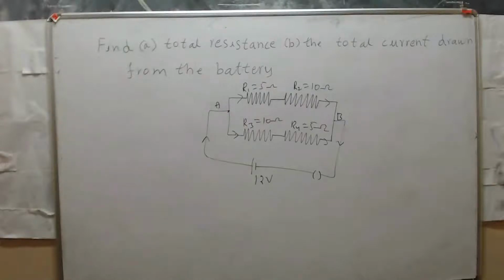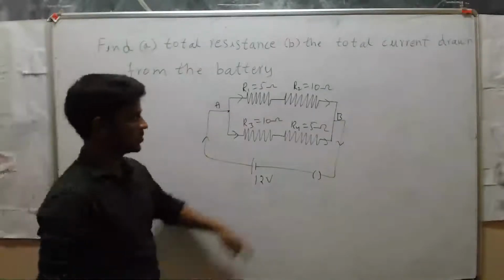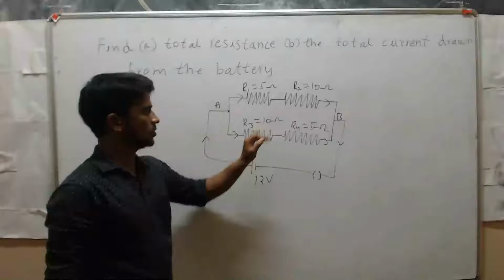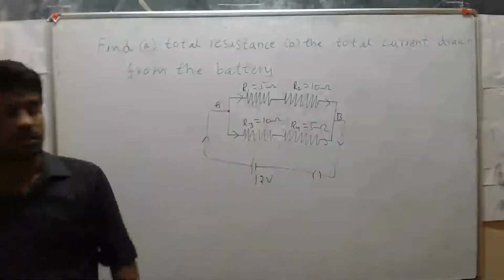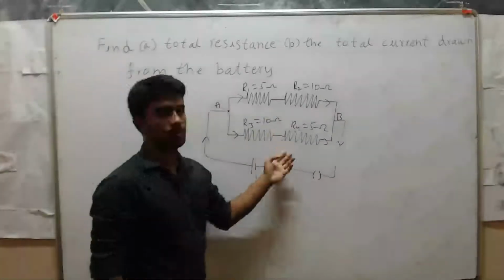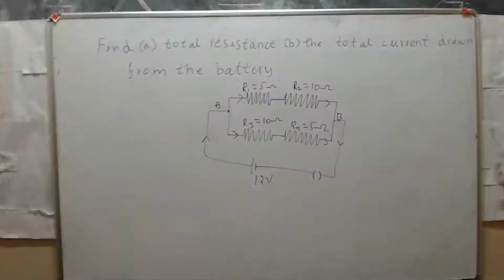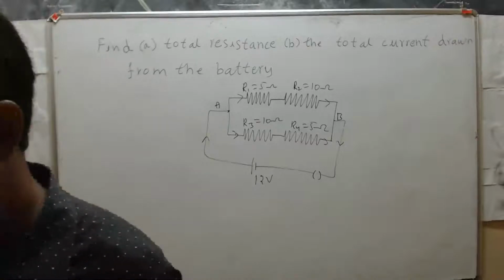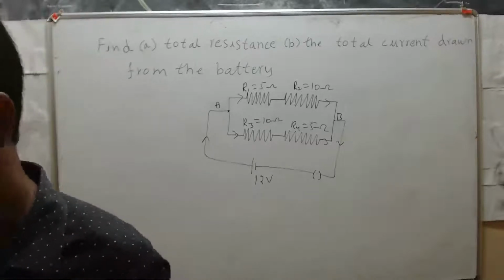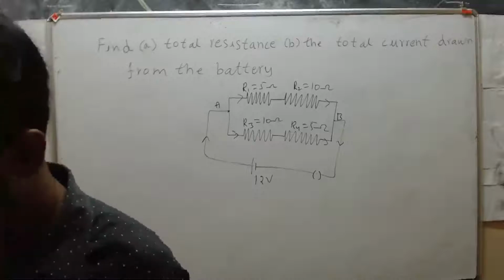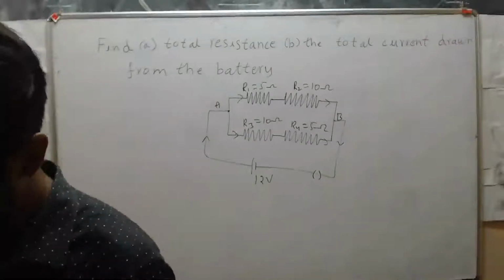Total resistance of the circuit. First solve these two and these two, then these two become one, these two become one, so finally both are parallel to each other. Quick, I'm waiting for your answer. Sampath Kumar, first 0.6 ohm? No, it is impossible.